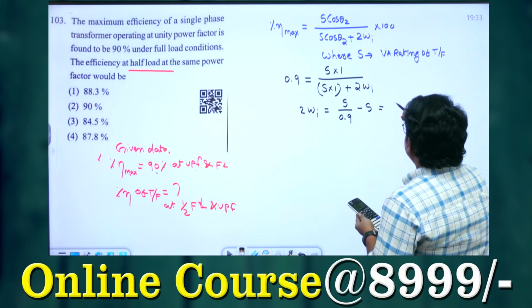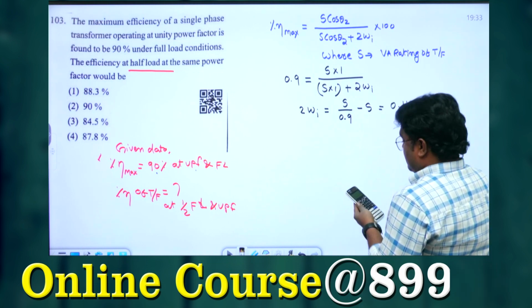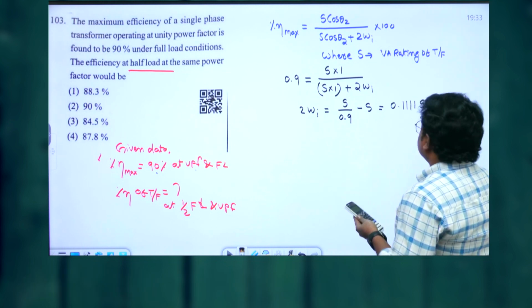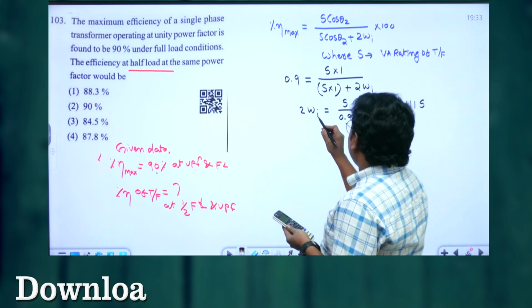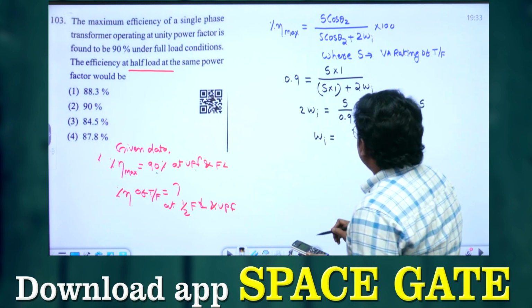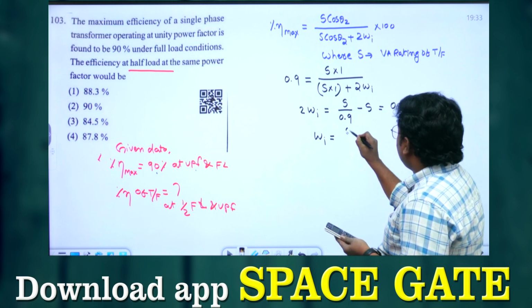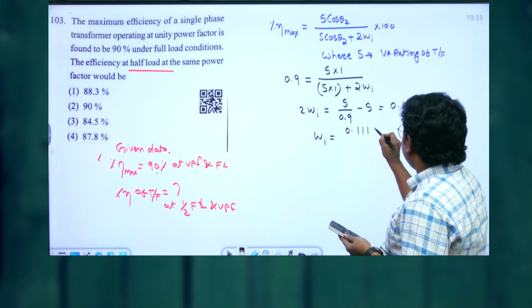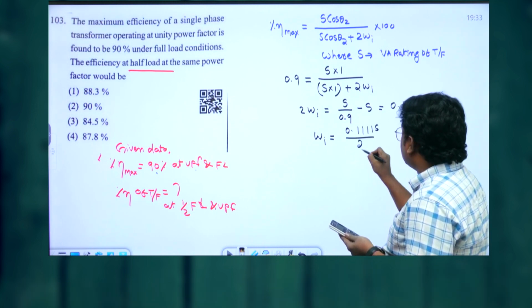This value is equal to 0.111 S. And next, what about the iron losses? Iron losses are equal to 0.111 S divided by 2.